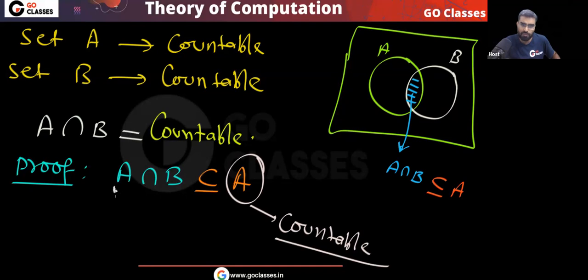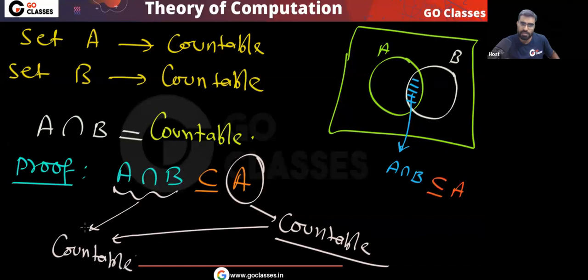A subset of a countable set is countable. You already know that. So this is a very simple proof.